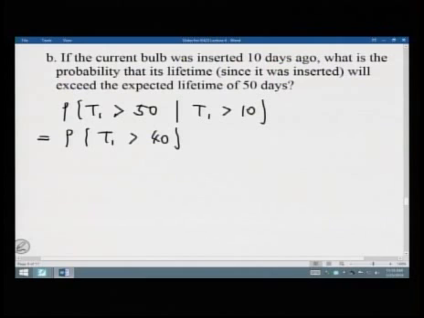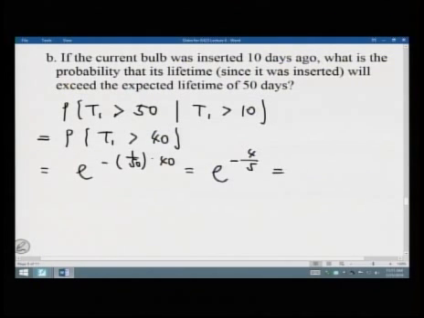It is e to the minus lambda t, where lambda is 1 over 50 and t is 40, so e to the minus 4/5.